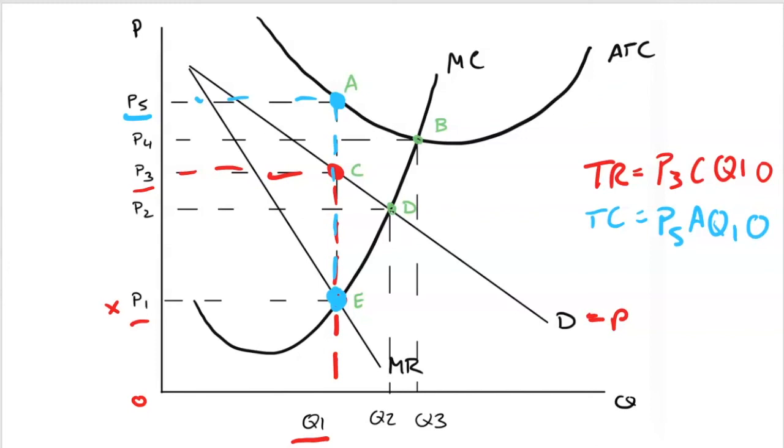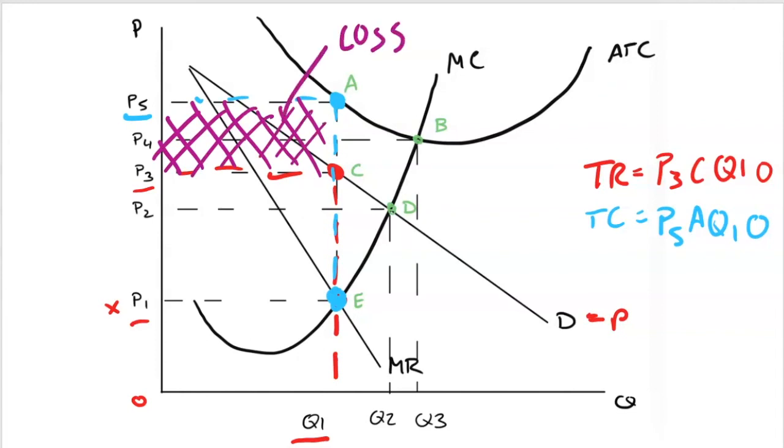So where is the area of profit or loss here then? Well, here, first of all, is this firm making a profit or a loss? Well, this firm is making a loss because the area of total cost is greater than our area of total revenue. And so here, the difference between P5 and P3, the price and the cost per the average unit, right, which is shaded in purple here, represents the area of loss. All right, so that is the area of loss there.